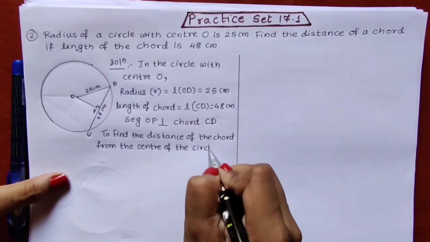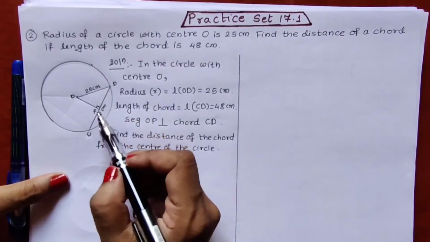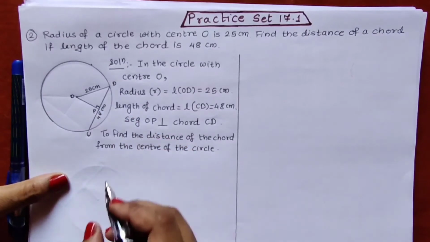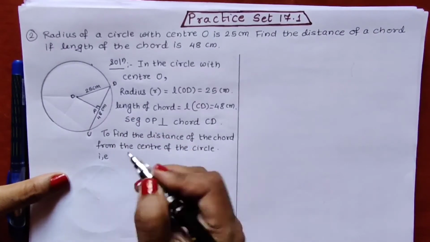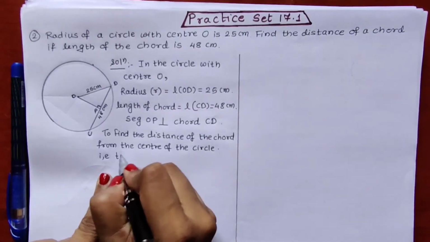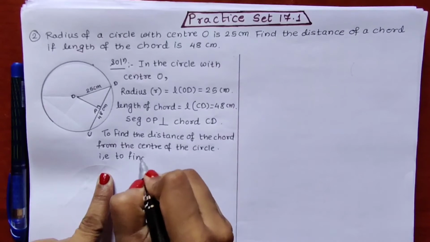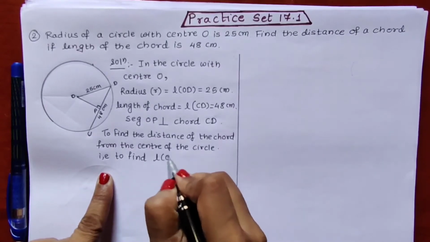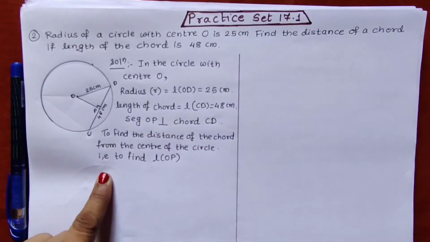We have to find the distance of the chord. This chord is at what distance from the center of the circle? That is, we have to find the measurement of length OP. We have to find this length OP.